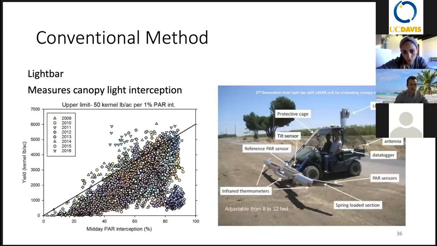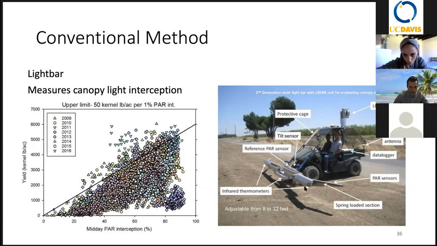What is the conventional method? As I mentioned, canopy PAR interception or canopy light interception is highly correlated to yield, nutrition, and water consumption. So if we have a good estimation of PAR interception, we can do some mapping and find out what's going on, and also find out how much yield we are going to have.